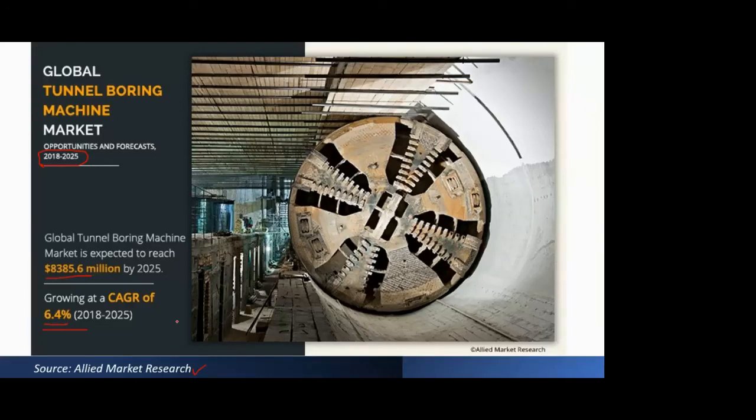The purpose of showing this slide is that generally everyone goes after a very common trend in the industry: after BTech, you go for a master's in construction management, structures, environment, hydraulics, transportation or any other stream. But very few people know that you can do a specialization in tunneling itself.